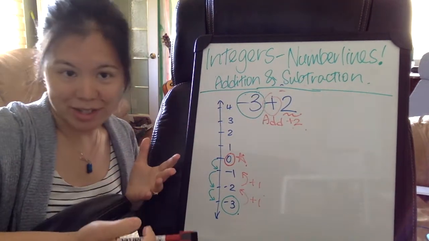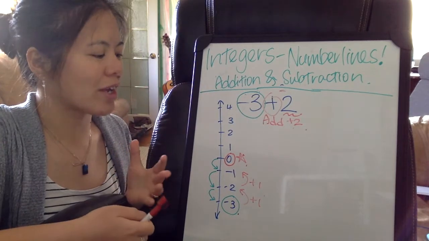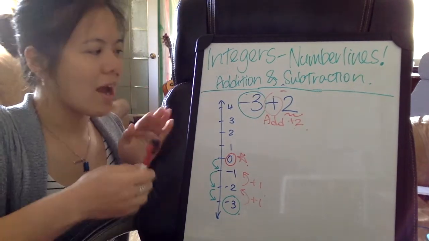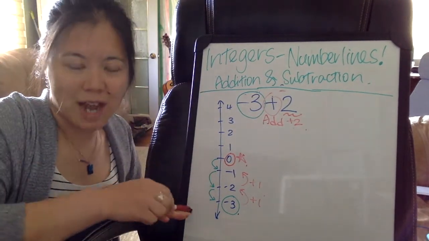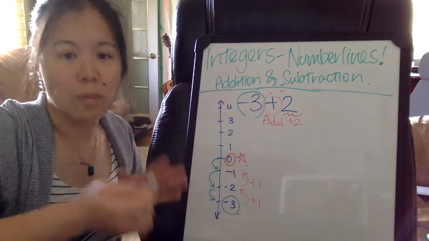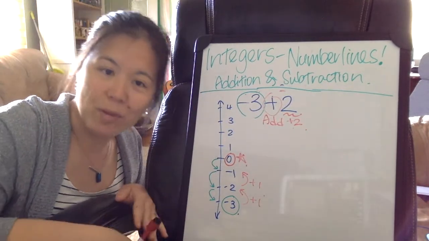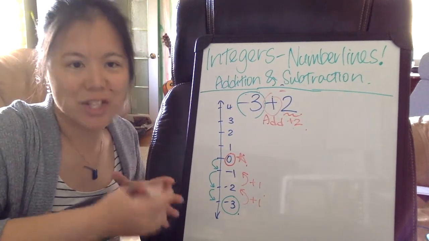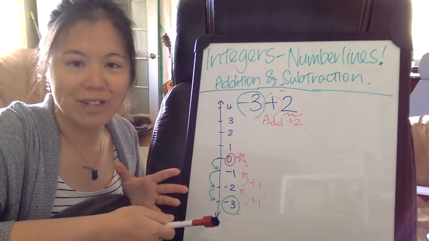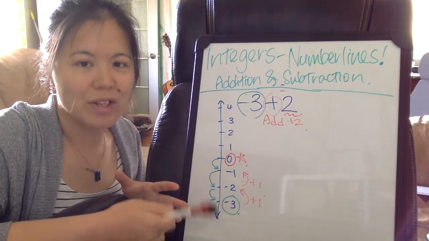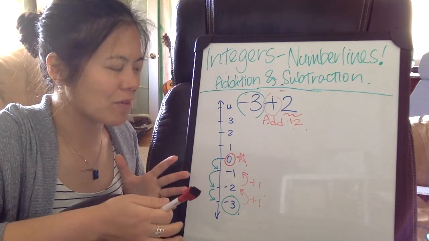So you could understand this as you're starting, of course, you start at 0, and now the temperature went down at first to -3 degrees, but it went up again by 2 degrees, and the current temperature is -1 degrees, right? That's one way to think about it.